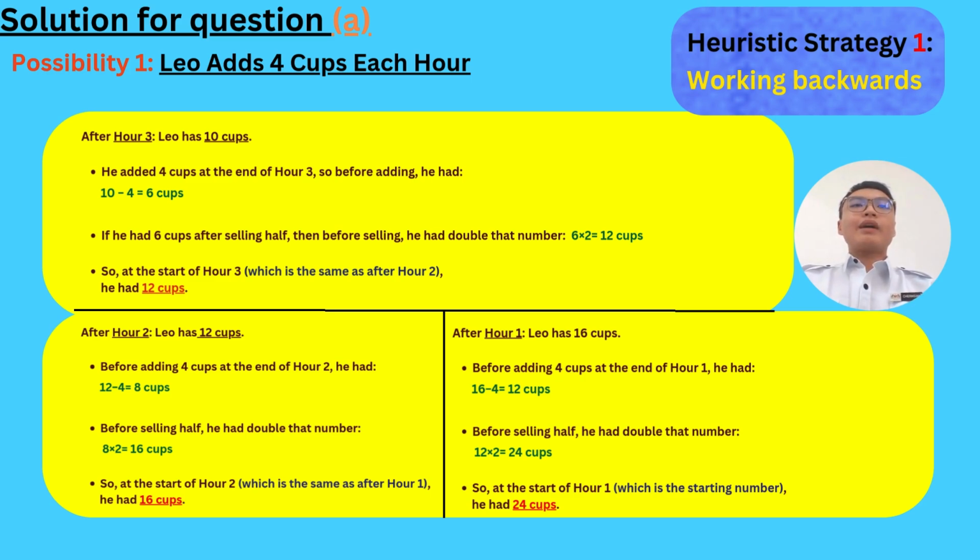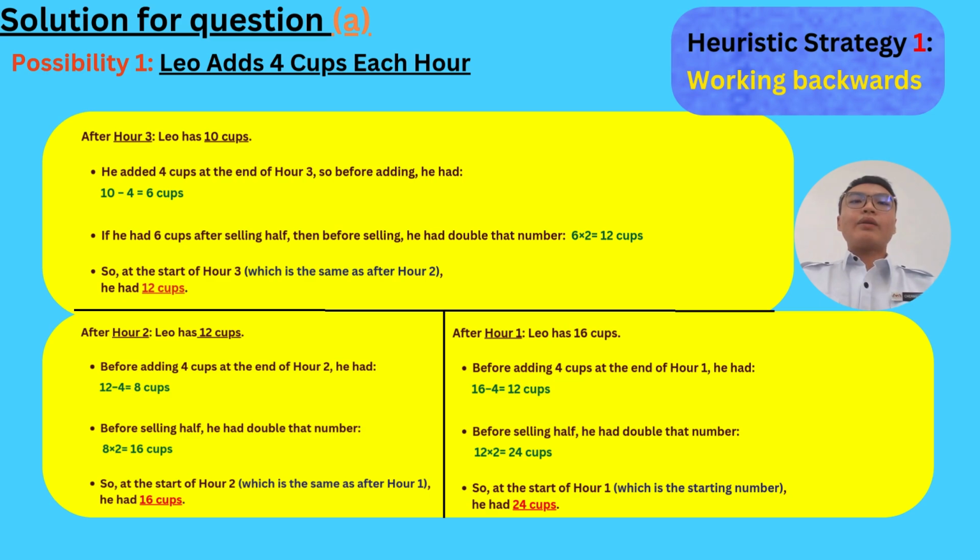We need to know, after hour 3, Leo has 10 cups. He added 4 cups at the end of hour 3, so before adding, he had 10 minus 4 equal to 6 cups. If he has 6 cups after selling half, then before selling, he had double that number. 6 times 2 equal to 12 cups. So, at the start of hour 3, he had 12 cups.